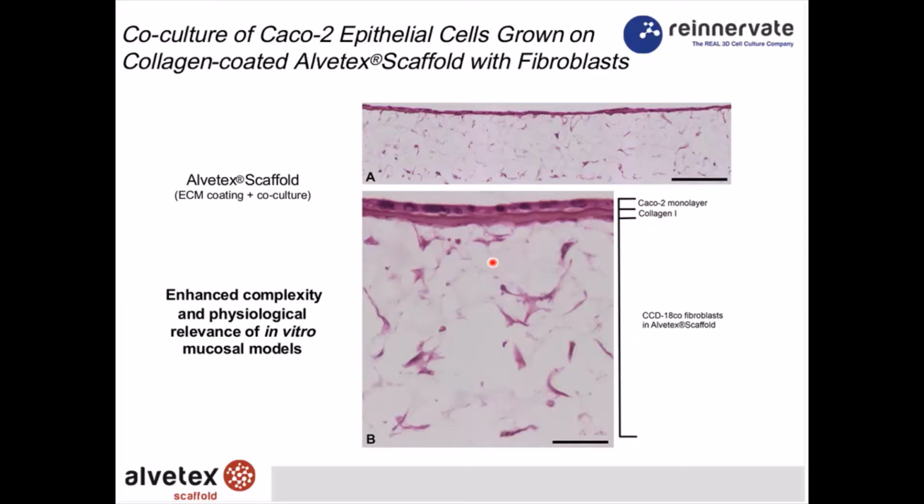So if you're developing these models in well inserts, it's particularly useful because the well insert is a two-part assembly. It snaps open, the disc and the 3D culture such as this can then be mounted into an Ussing chamber, and then short circuit currents can be measured.